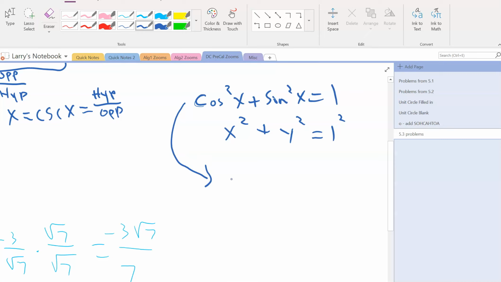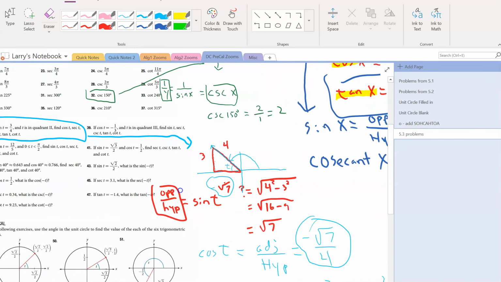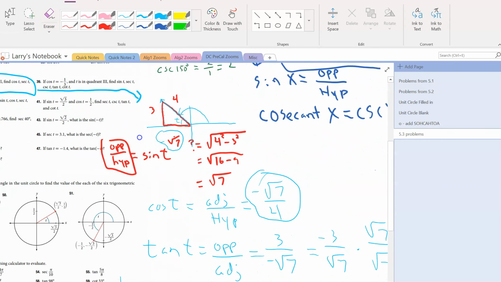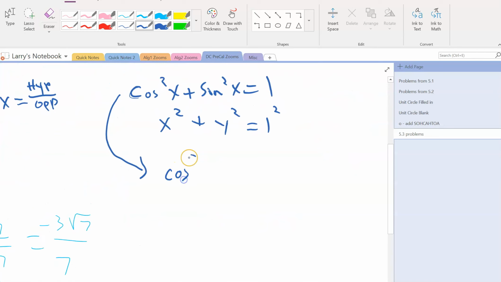I'll show it in this particular context. The original problem tells us sine of t is 3/4. So cosine squared x plus, remember when we say sine squared x, this is another way to say sine of x quantity squared.